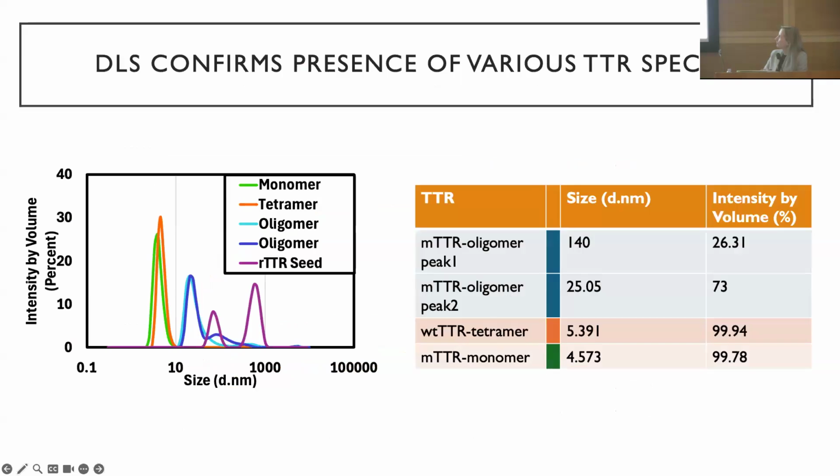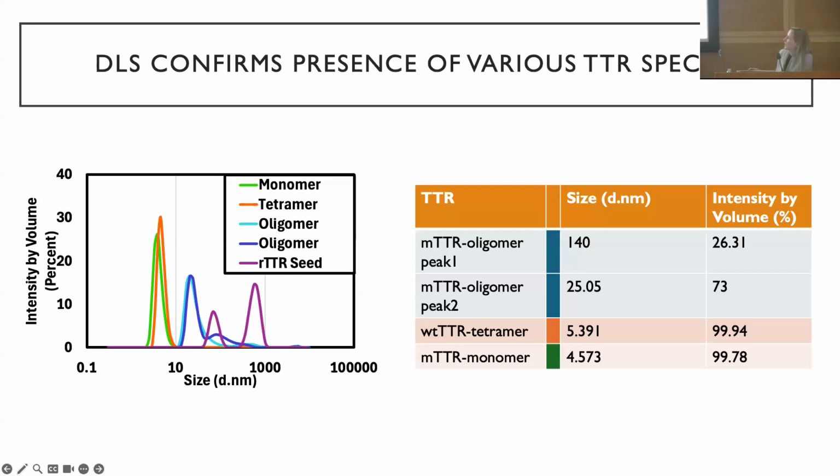We also use dynamic light scattering to make sure that we in fact have different structures in these reactions. This is a technique that looks at essentially the distortion of solution around a molecule to give you some insight into its structure. So we have monomers here shown in green and the tetramer, which overlaps because they adopt a certain structure.